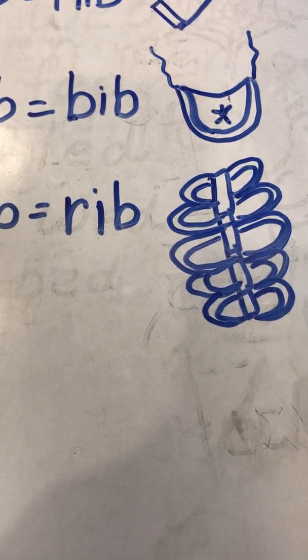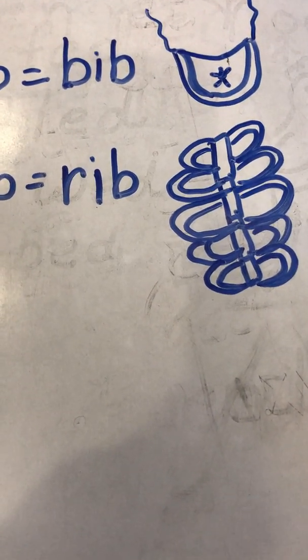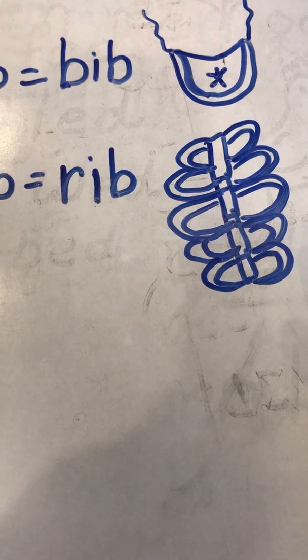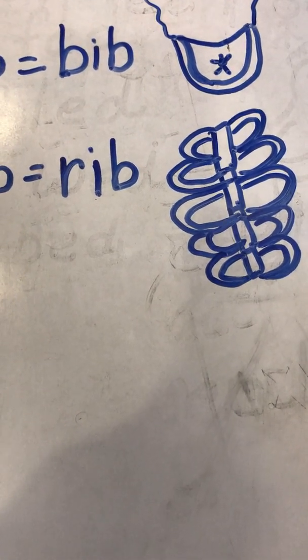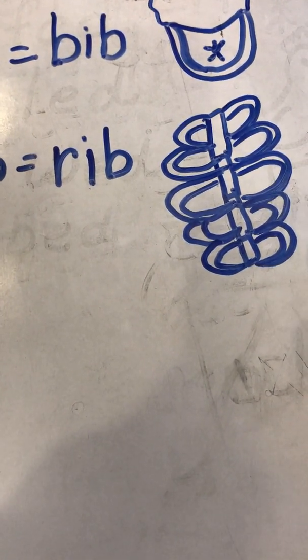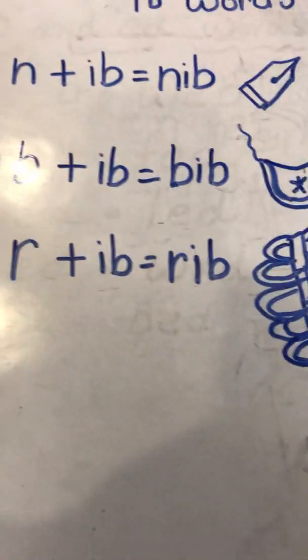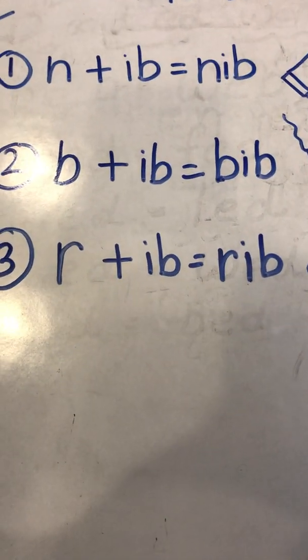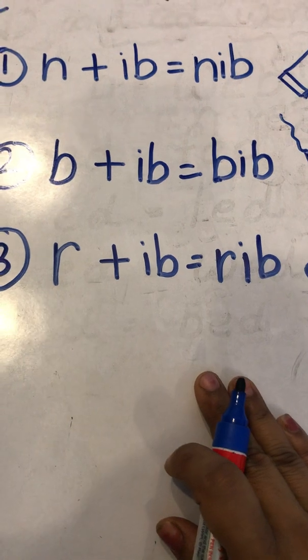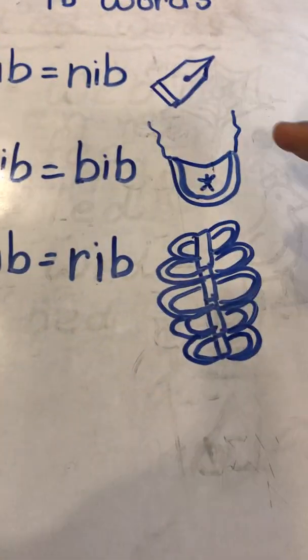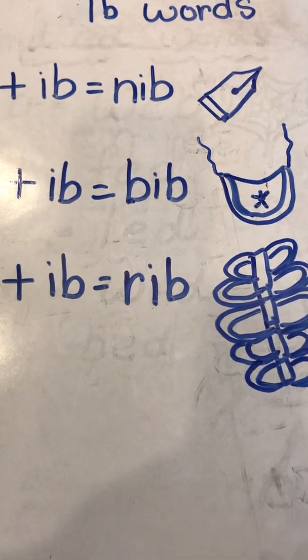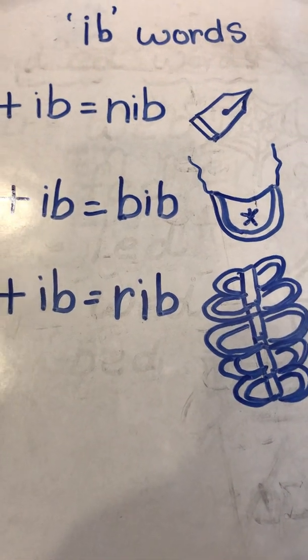Ribs are the curved bones of the chest, and they protect vital organs such as heart, lungs and liver. Do write these 3 words in the same pattern, draw these 3 pictures and share your work with me.